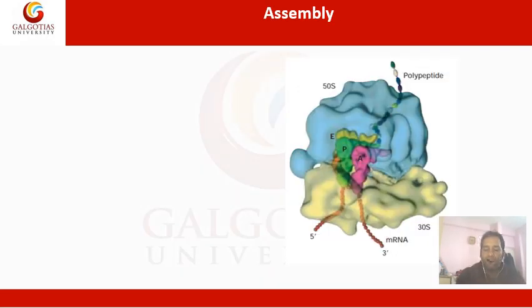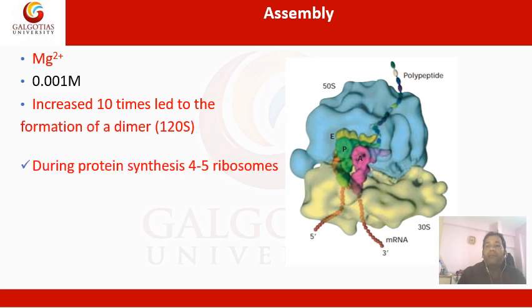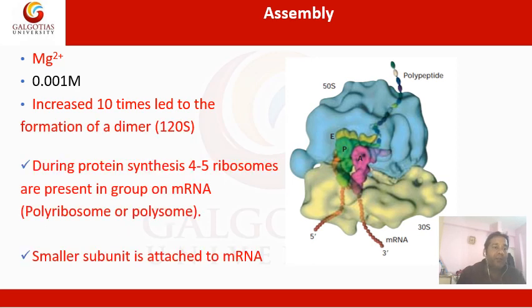The ribosome mainly gets assembled inside the cytoplasm, and for the assembly of the ribosome, the concentration of magnesium ion is very important. If the concentration of magnesium ion is around 0.001 molar, then what will happen? The small subunit and large subunit will assemble over each other and lead to the formation of a functional ribosome that is capable of protein synthesis.